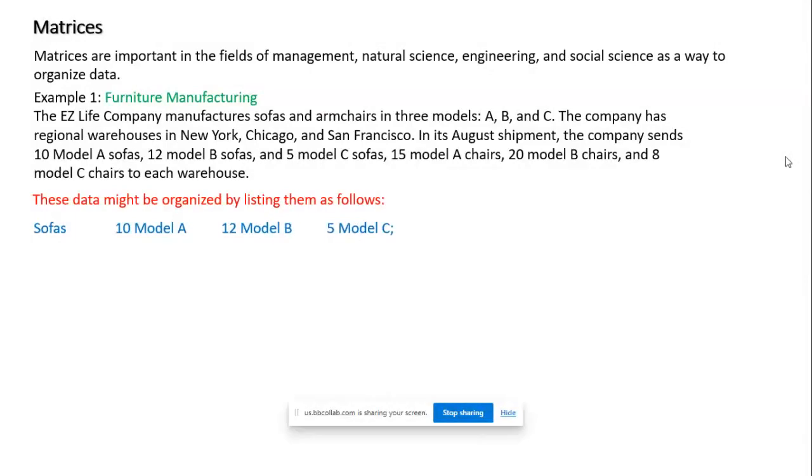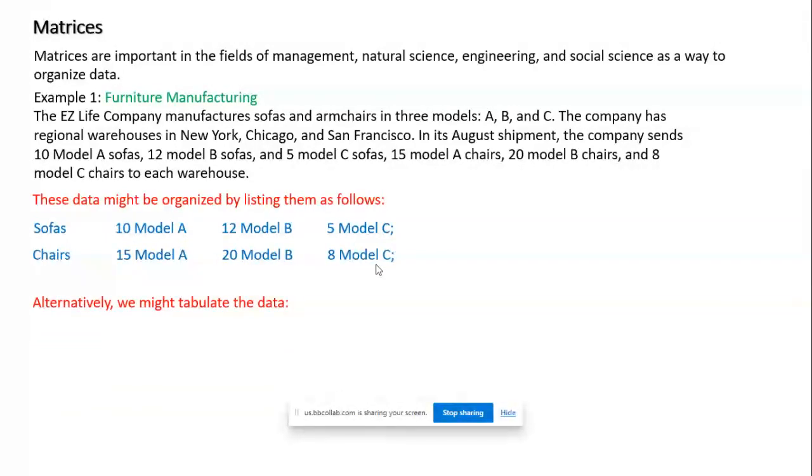We have our sofas made by each model, A, B, and C. For the sofas, model A had 10, model B had 12, model C had 5. Then we also have chairs. Model A had 15 shipped out in August, model B had 20, and model C had 8.